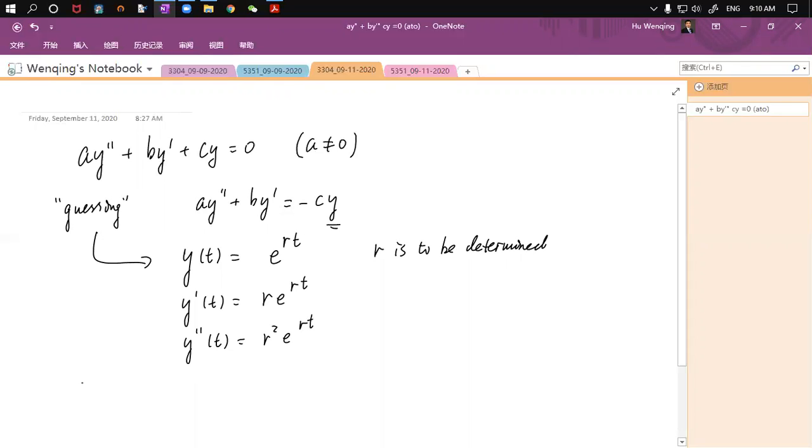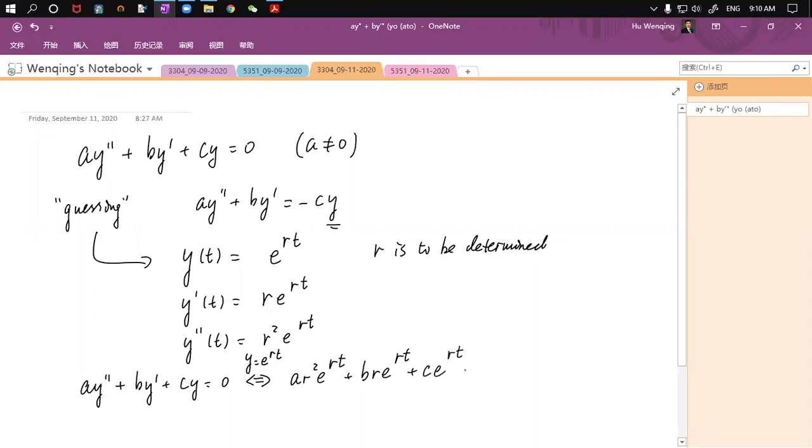Now, as long as you have this, ay double prime plus by prime plus cy is equal to 0 is reduced to, because y is e power rt, ar square e power rt plus br e power rt plus c e power rt is equal to 0, which is the same thing as ar square plus br plus c multiplied by e power rt is equal to 0.